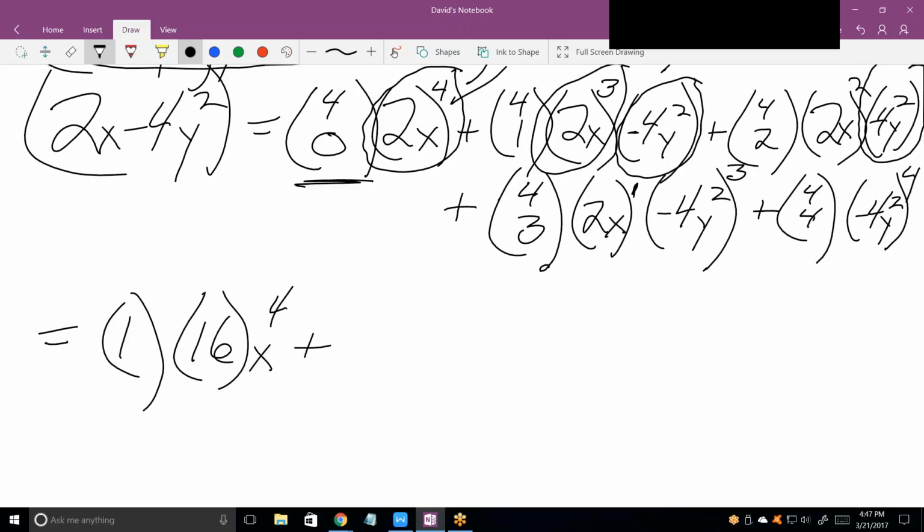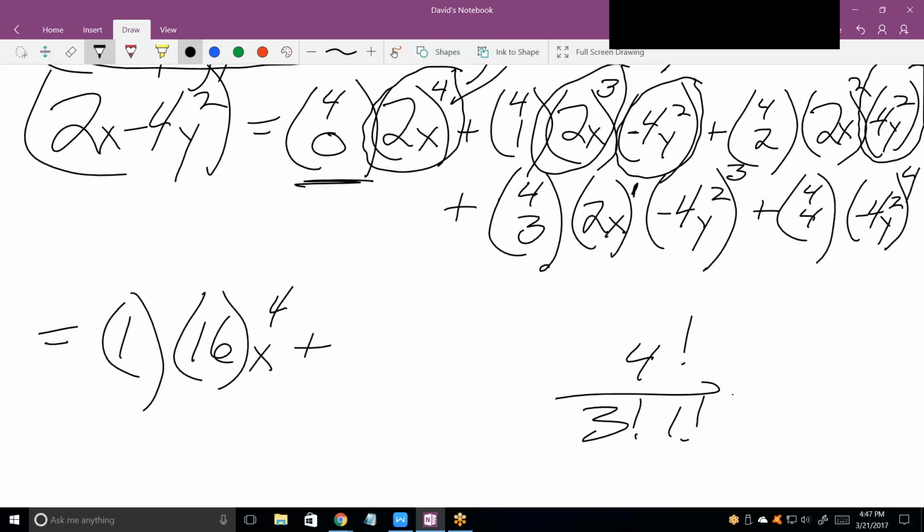What's 4 choose 1? Remember what 4 choose 1 is. It's 4 factorial over 3 factorial times 1 factorial. So it's 4 factorial over n minus r, which is 3 factorial, times r, which is 1 factorial.